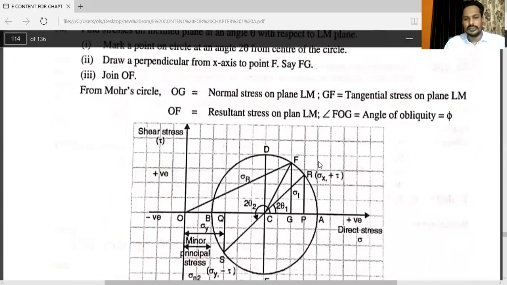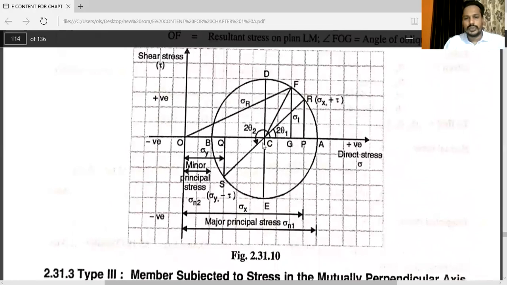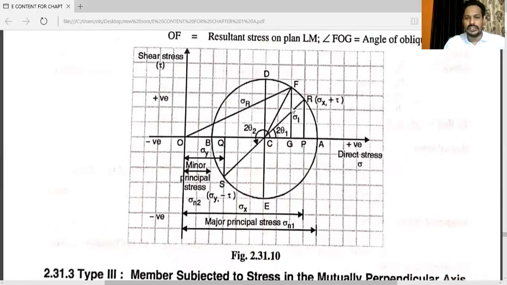You can see here CR and CS. By taking this radius, you have to draw a circle. This one is your circle. We have A point on the x-axis, and you will get B point on the y-axis.